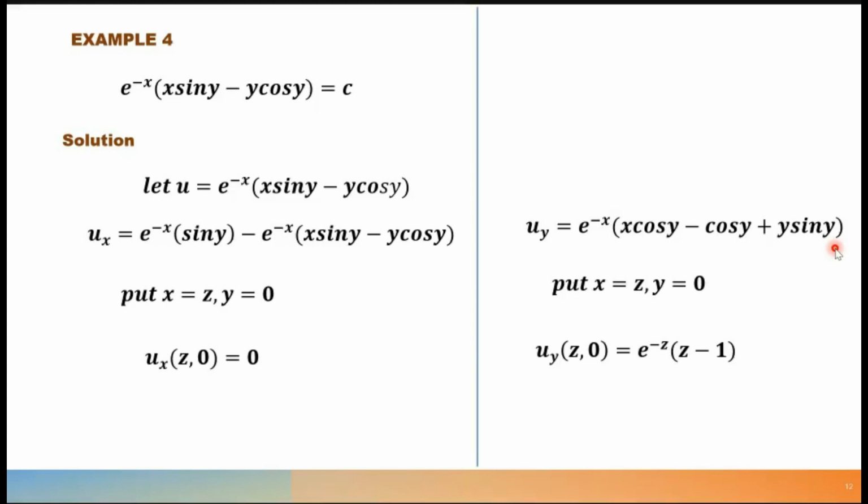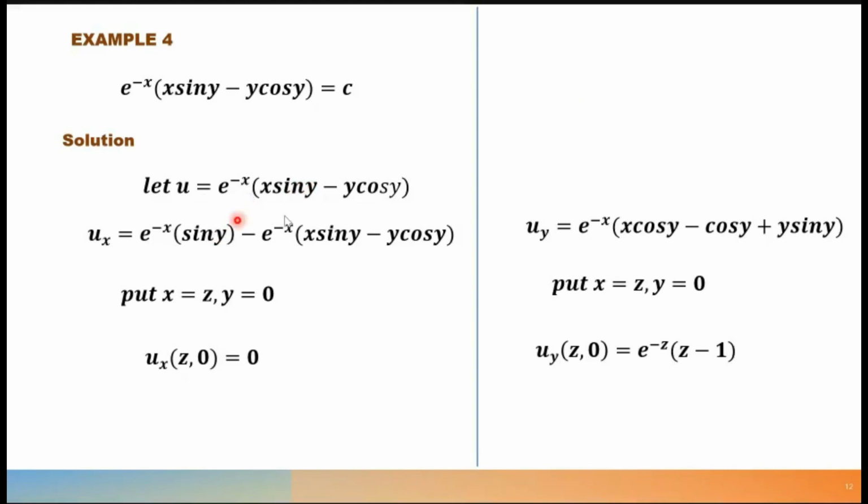Substitute everything in f dash of z. You can open the bracket and differentiate, nothing wrong in it. I don't do it.